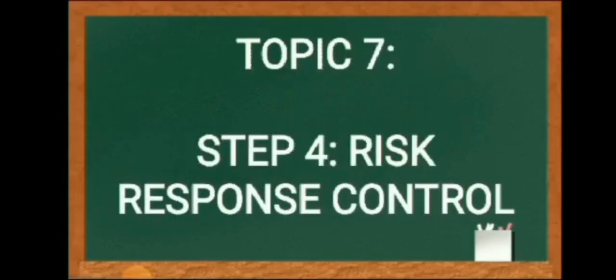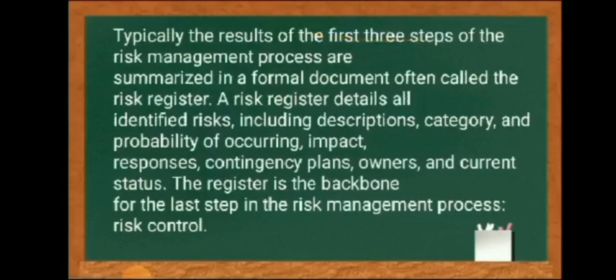Topic 7, Step 4. Risk response control. Typically, the result of the first three steps of the risk management process is summarized in a formal document often called the risk register.